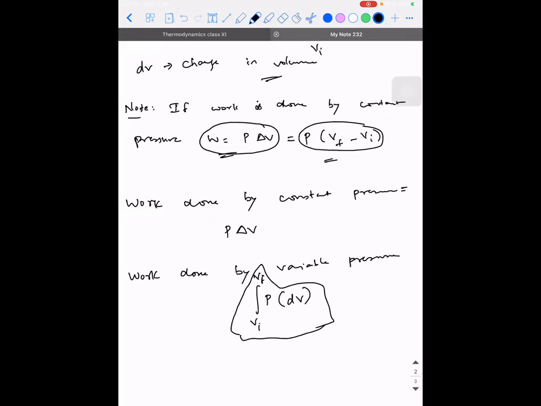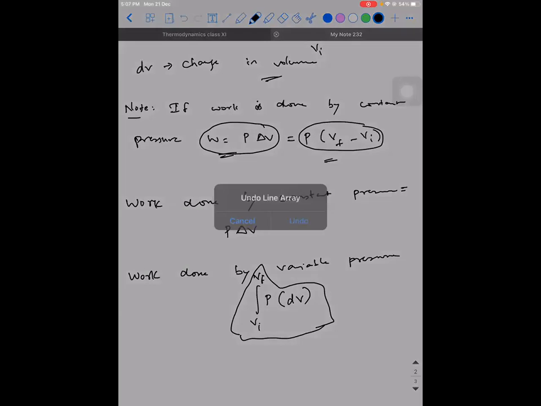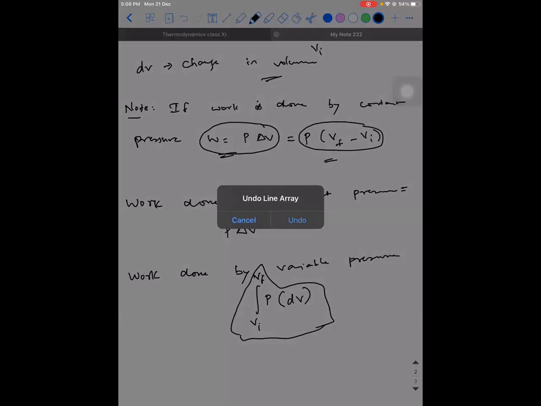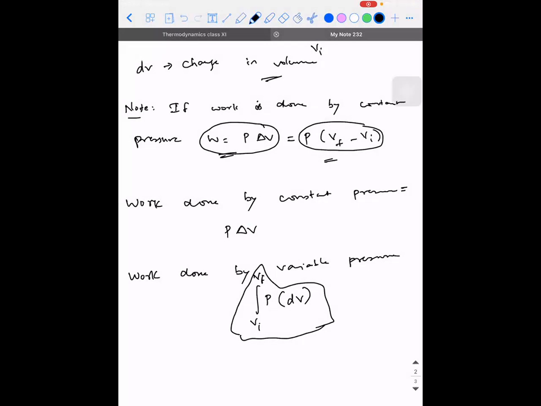Students, is there any doubt in whatever I discussed? Is there any point which was tough? No, sir. Sir, both are the same only. If you simplify, constant pressure and variable pressure.